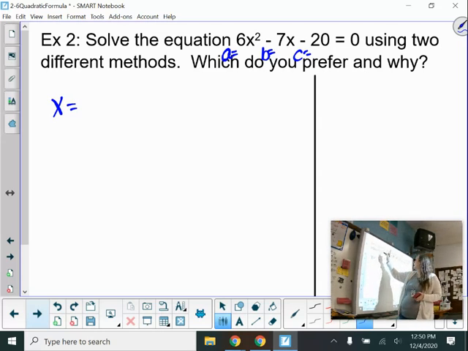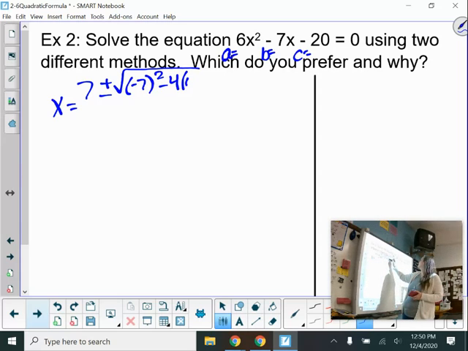So again, I have a negative 7, so I'm going to have 7 plus or minus the square root of negative 7 squared minus 4 times 6 times negative 20, and then the whole thing divided by 2 times 6.